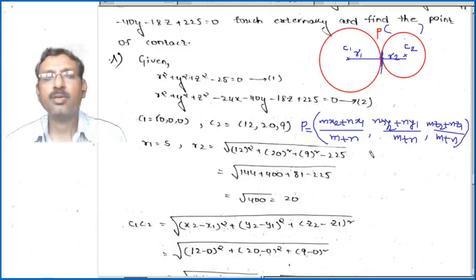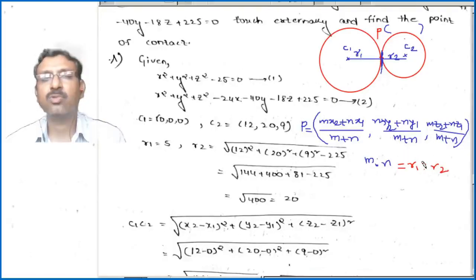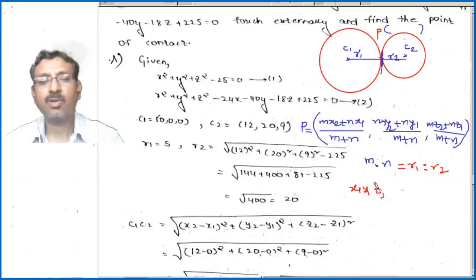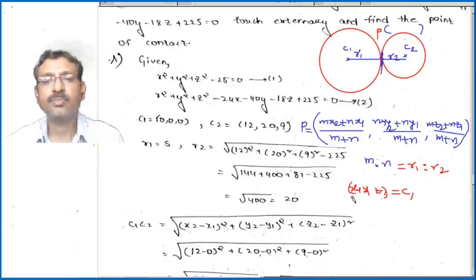Here m is to n is equal to R1 is to R2, and x1, y1, z1 is the center of the first sphere, x2, y2, z2 is the center of the second sphere.